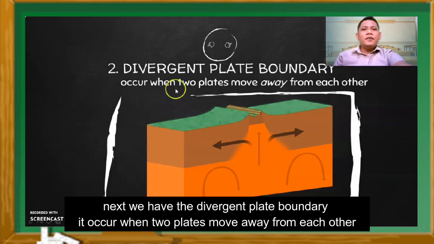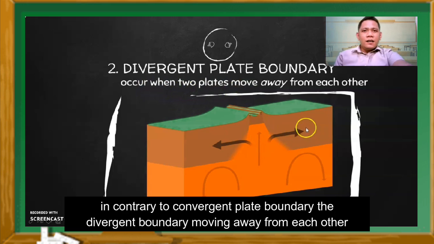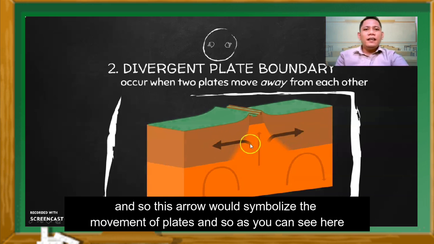Next, we have the divergent plate boundary. It occurs when two plates move away from each other. In contrast to the convergent plate boundary, in a divergent plate boundary the plates are moving away from each other, and this arrow symbolizes the movement of the plate.